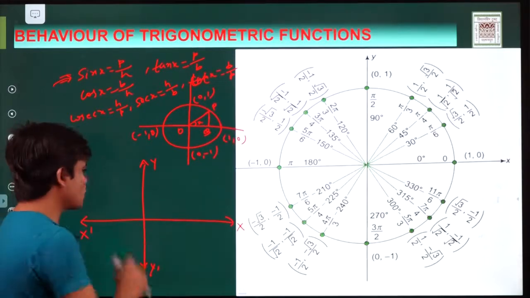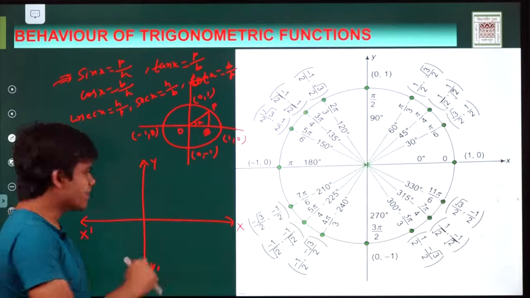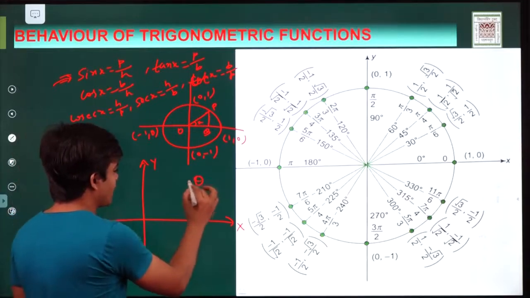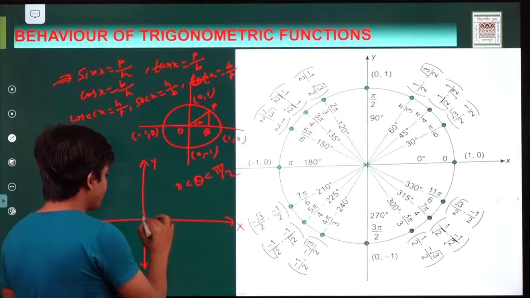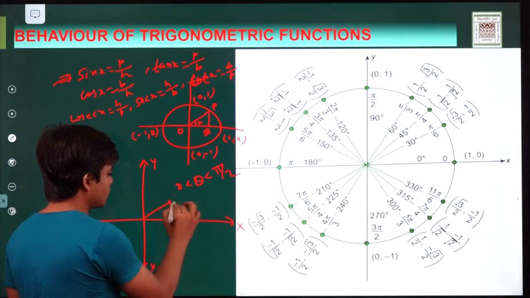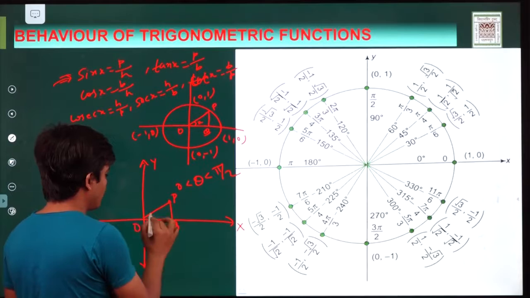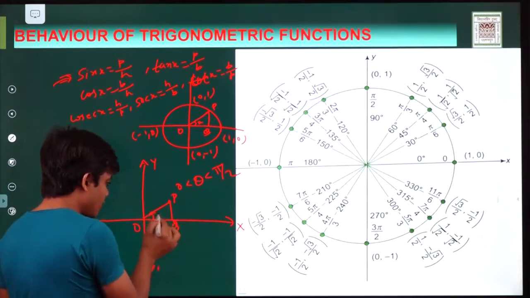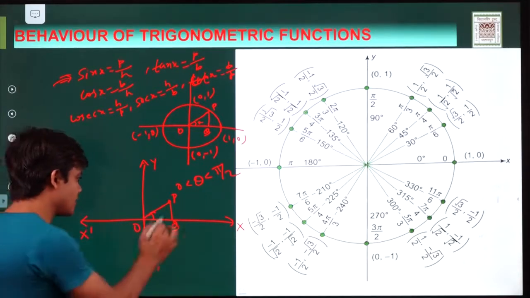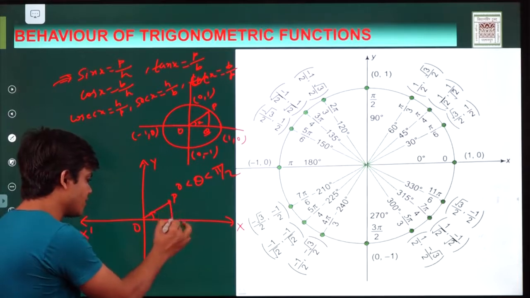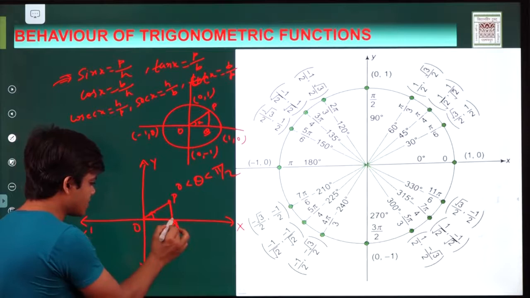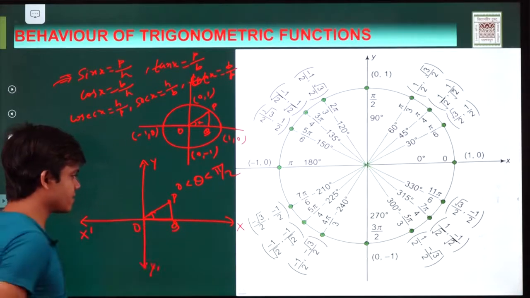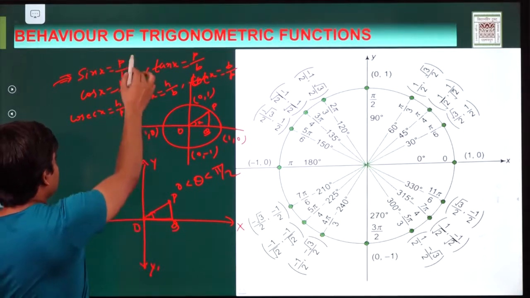But in the first quadrant, what can we see? In the very first quadrant, the angles are from 0 to pi by 2. If we talk about this angle, you can see your perpendicular is in the positive direction of the y-axis, and your base is in the positive direction of the x-axis.